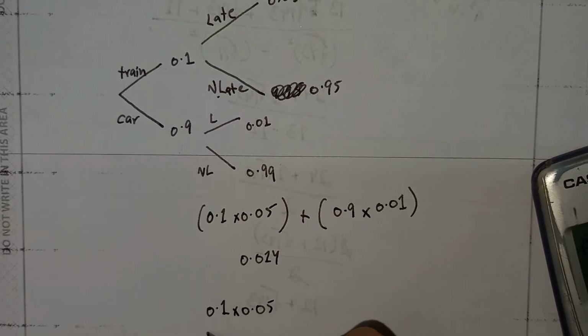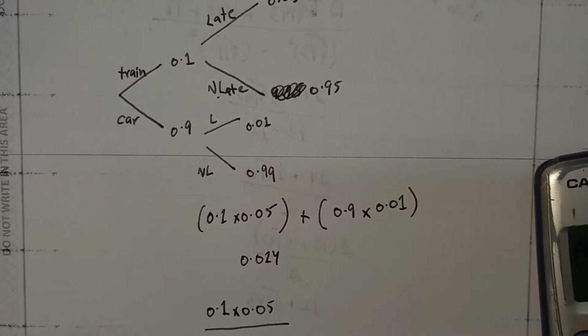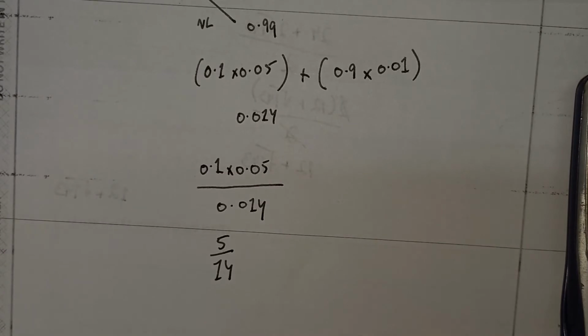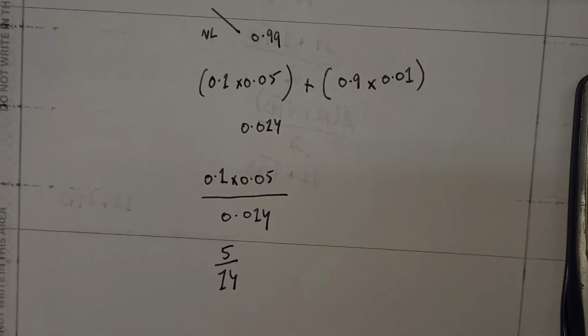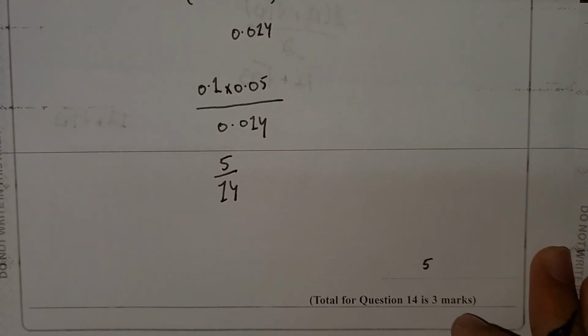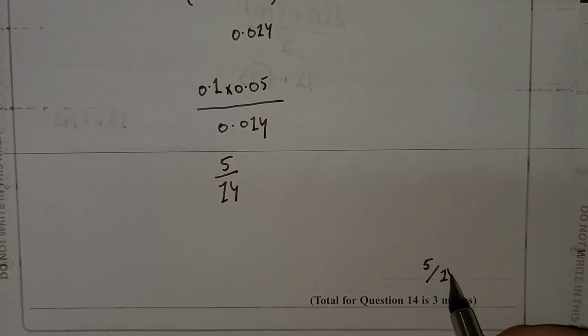And now you need to divide this whole thing by 0.014, which is her being late, and that ultimately gives us 5/14. We'll just keep it like this because the decimal places are way too long to be stated here. This is the probability she traveled by train on that specific day.